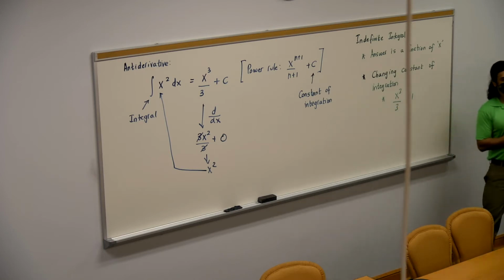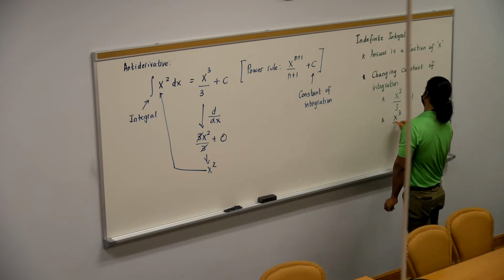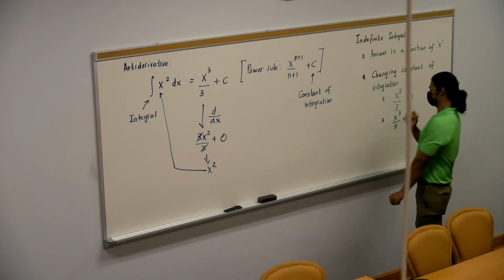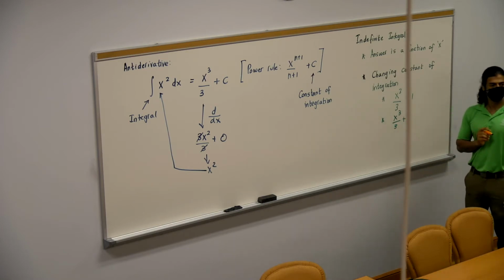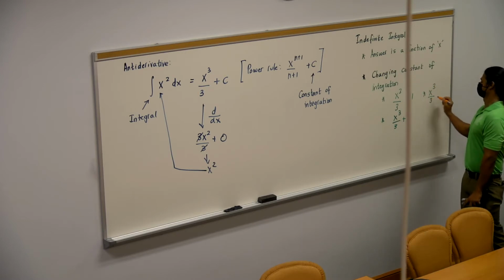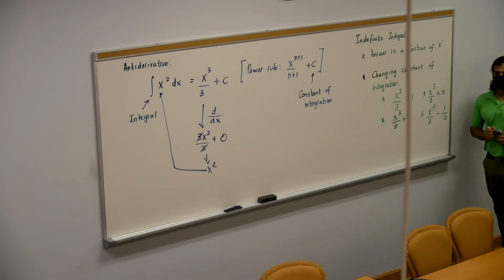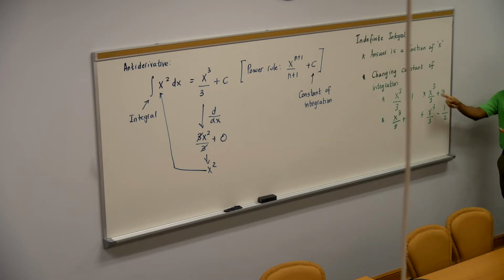Another constant. 5. Another constant. 3. No one wants to be negative or fractional. Right? So I kept changing the values of c, and I keep getting different answers.